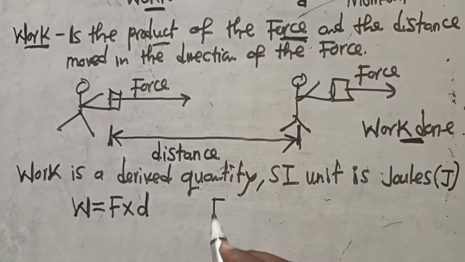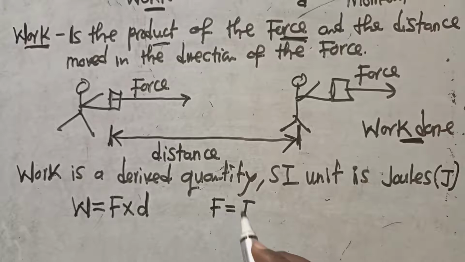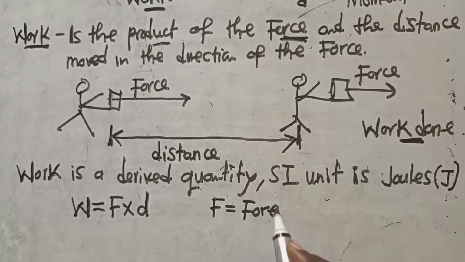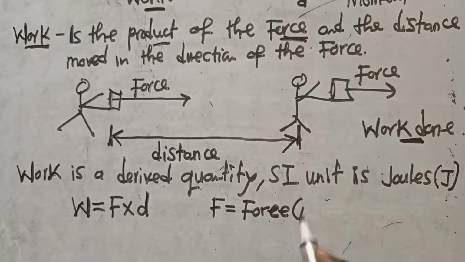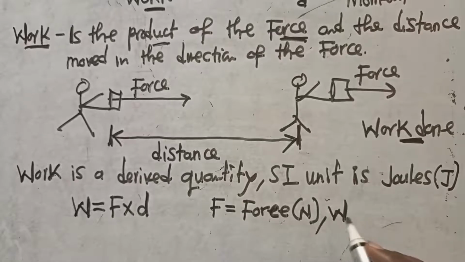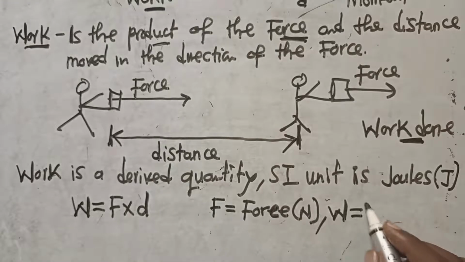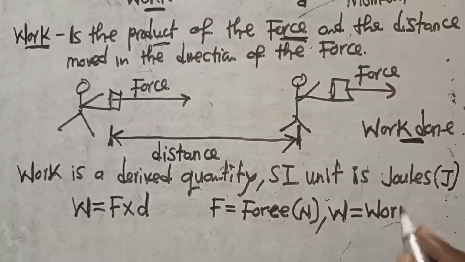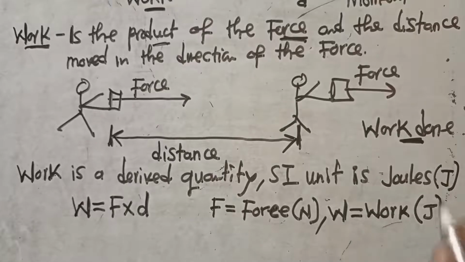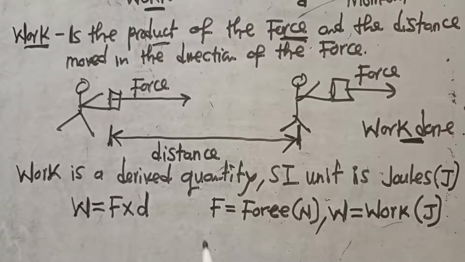F is the force, measured in newtons. W is the work, which is in joules. D is the distance moved in the direction of the force.